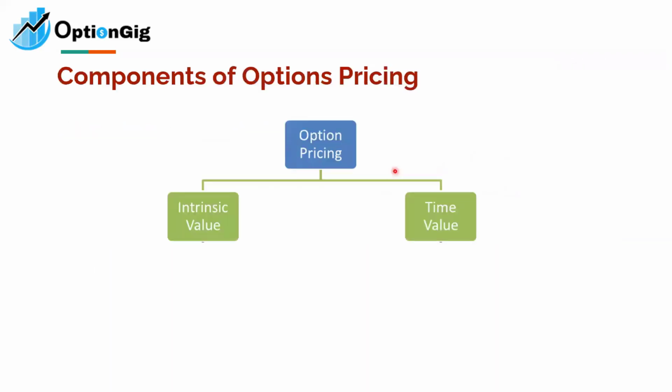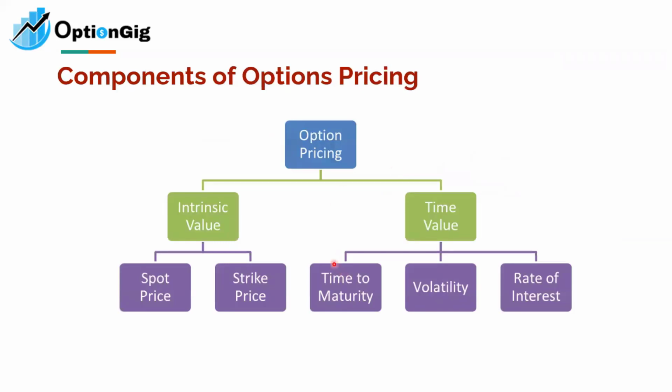So this extrinsic value will change based on how much time is available for expiration or for maturity of that option. What's the volatility? It's a number that is derived. What's the volatility value of that option?